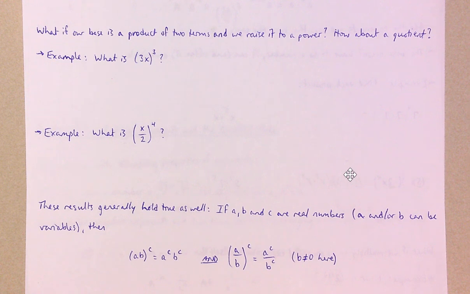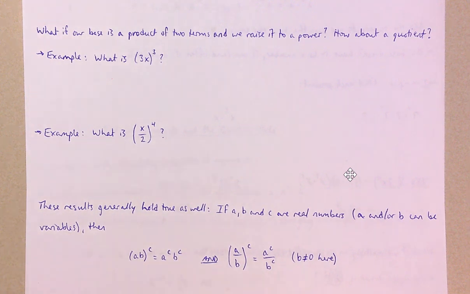What if our base is a product of two, could be more, terms, and we raise that whole product to some power? And what would it be if we had a quotient of two terms and we raise that quotient to a power? So a couple of samples here.